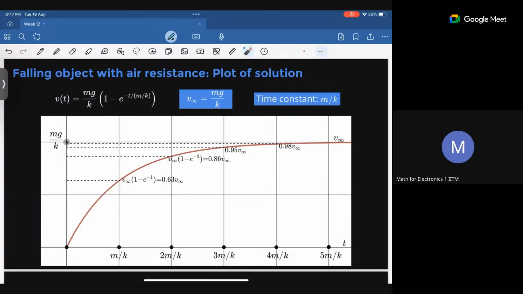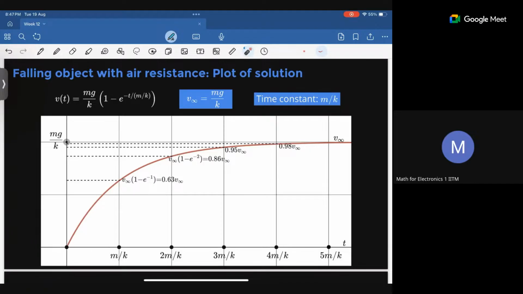So within one time constant, it will reach 63% of the maximum speed that it can attain. By the time the second time constant arrives, it will reach 86% of its maximum speed.